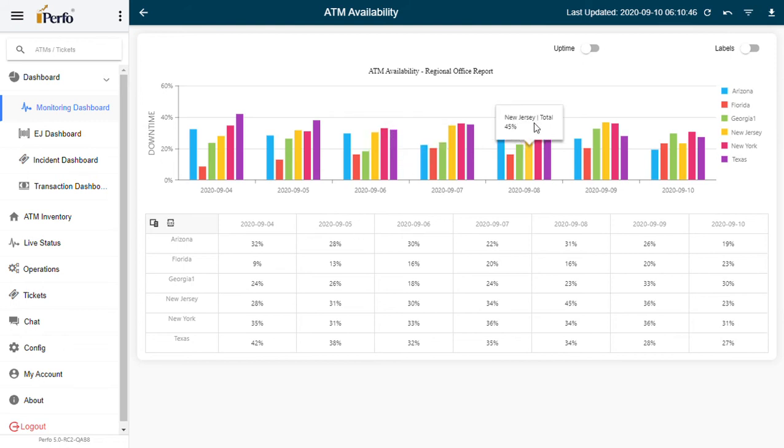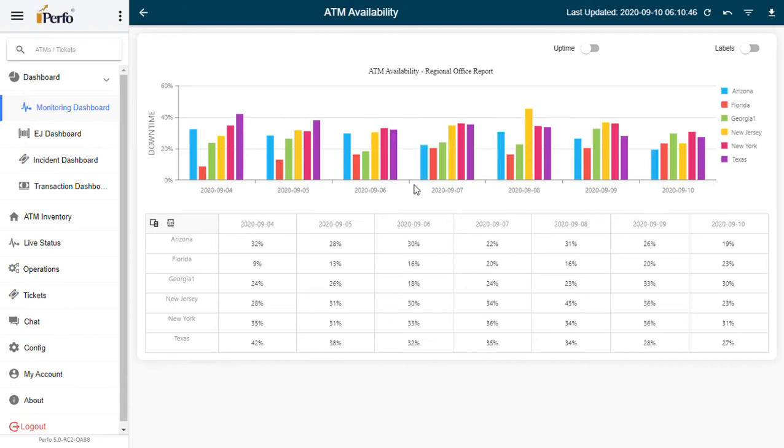As you can see here, the downtime percentage is usually higher in New Jersey, consistently a little bit higher, and much lower in other places. Arizona is a little bit lower.